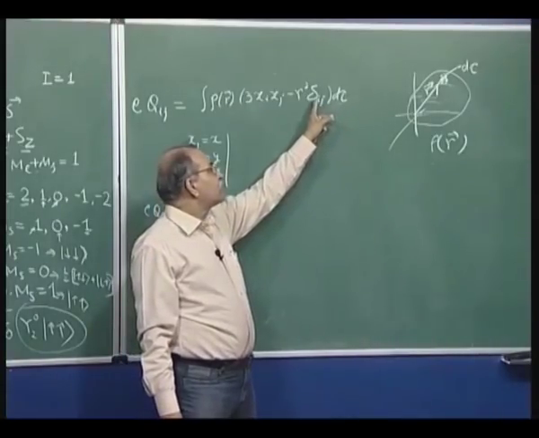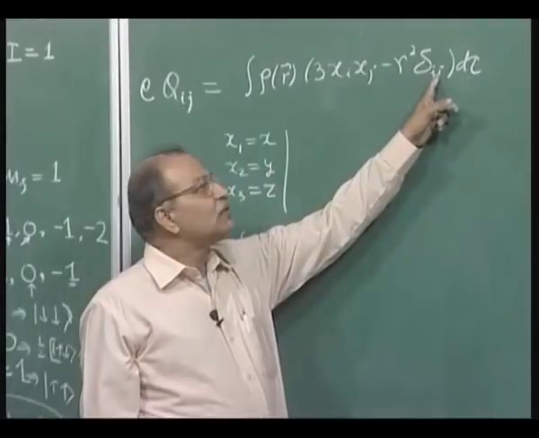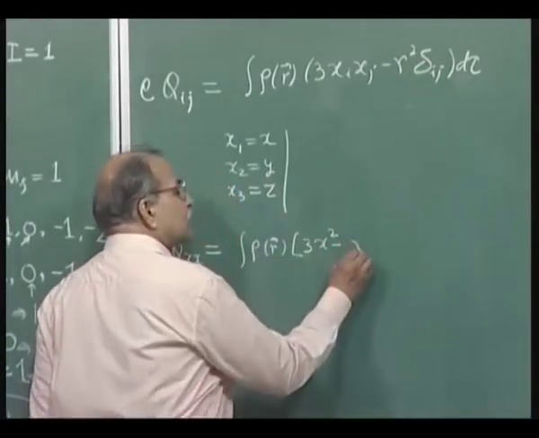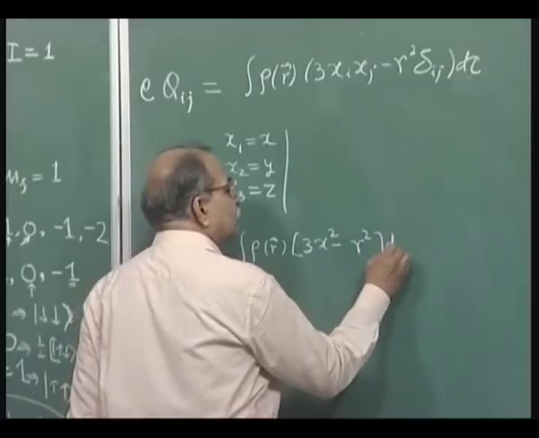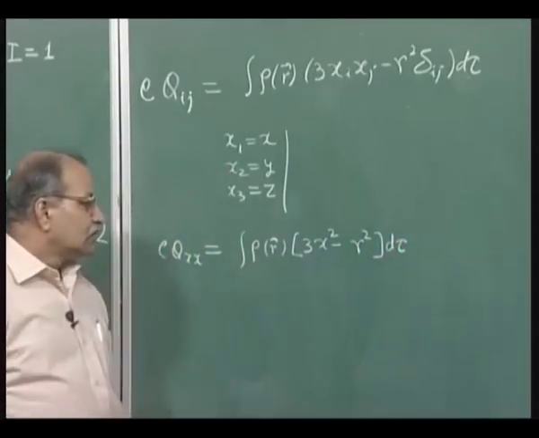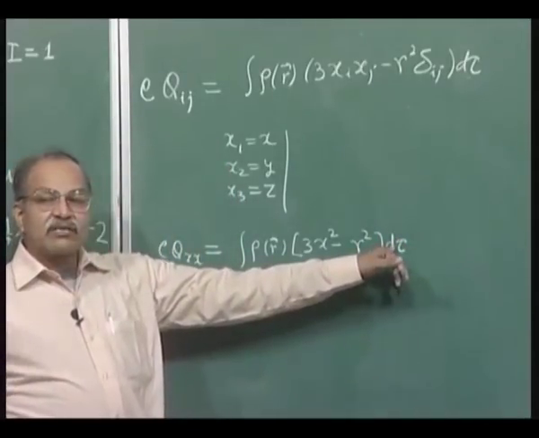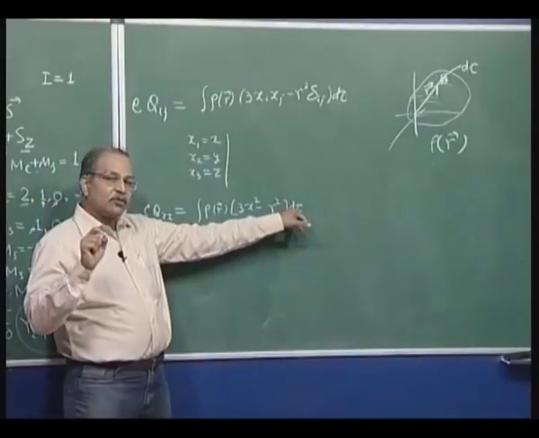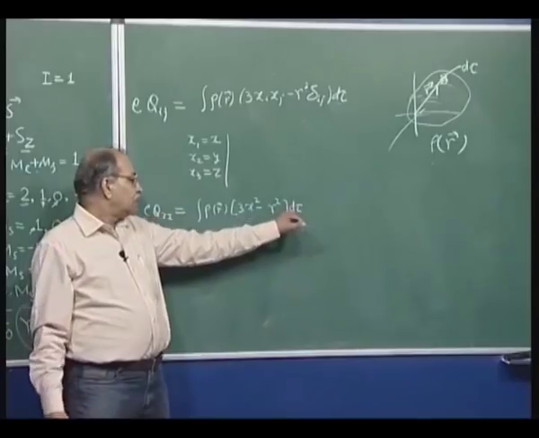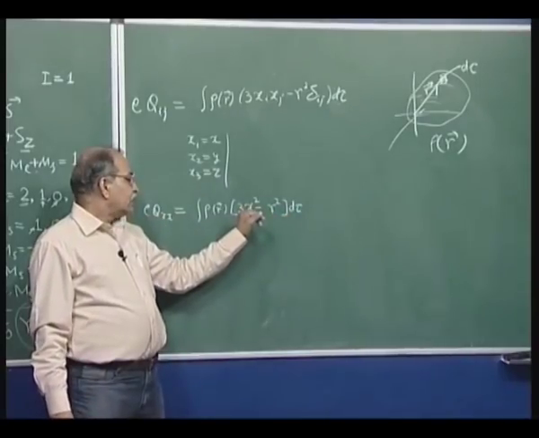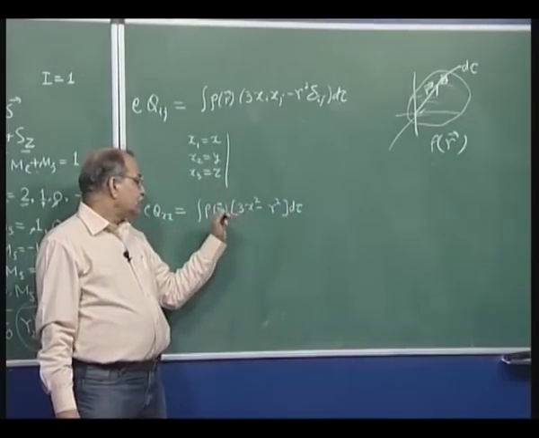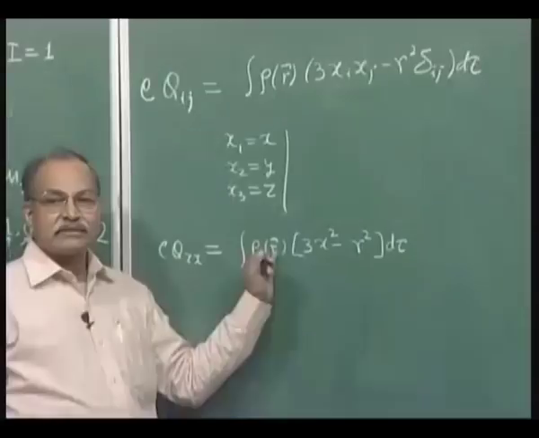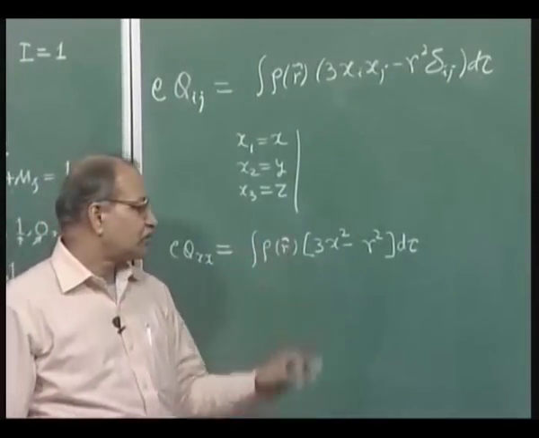Here I am putting 1 1, so this is 1. So, minus r square d tau. The d tau is constructed at the point given by coordinates x comma y comma z, and r is the distance from the origin, and rho is the charge density at that point.